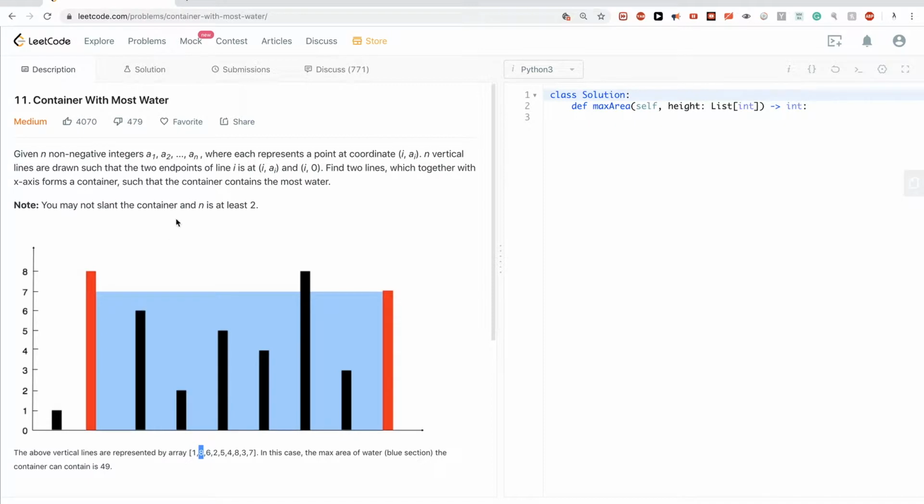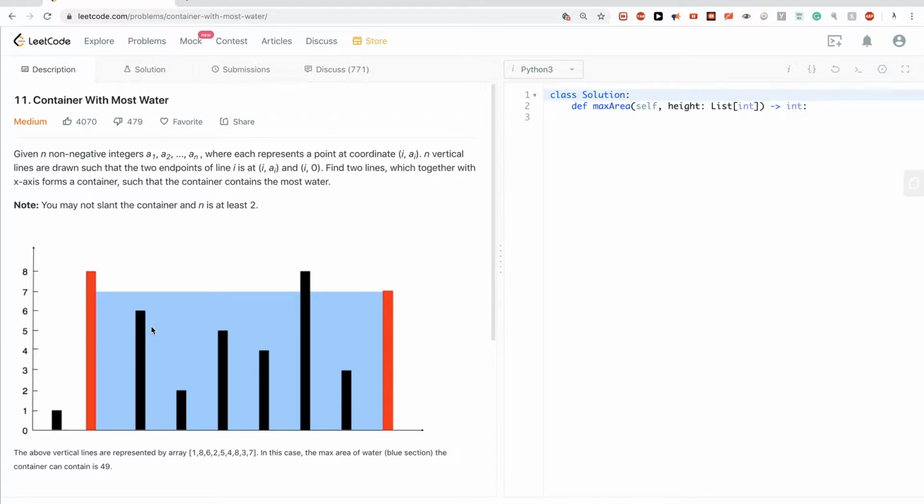And we have n vertical lines, which correspond basically to these endpoints, from (i, 0) to (i, a[i]). So (i, 0) is the one at the bottom, which is the start of this bar here, and we want to find two of these lines such that together with the x-axis they form the container that contains the most water.